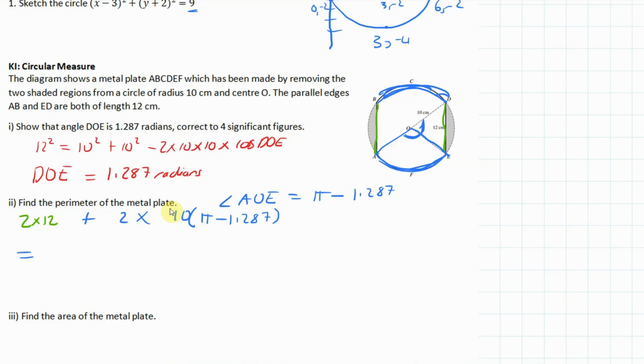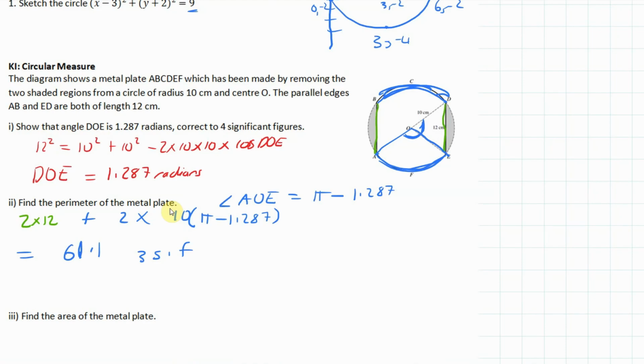We simply plug this into our calculators and get the answer. I'm getting 61.1 to 3 SF. Let me just give that another check. 24 plus 2 times 10 times (pi minus 1.287). And I'm getting 61.1.